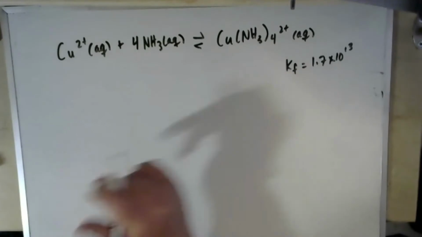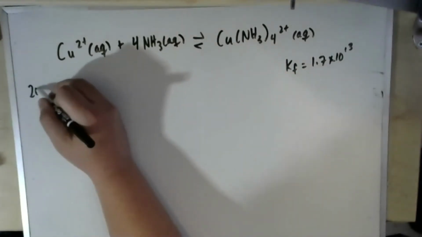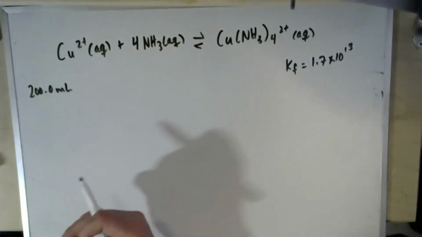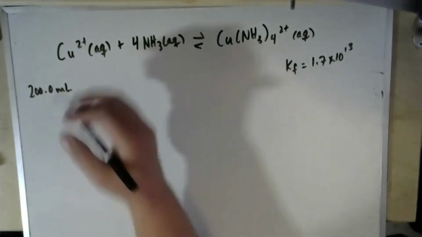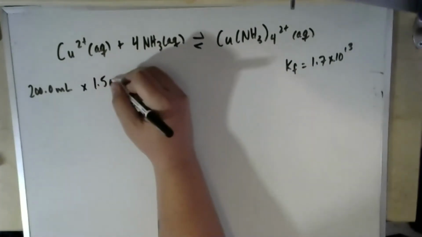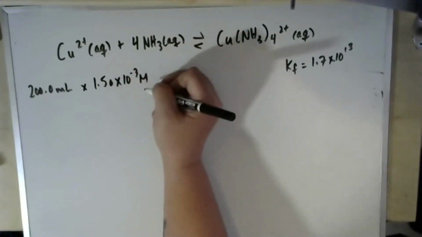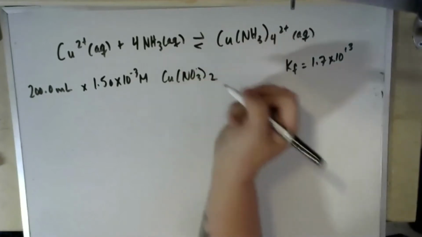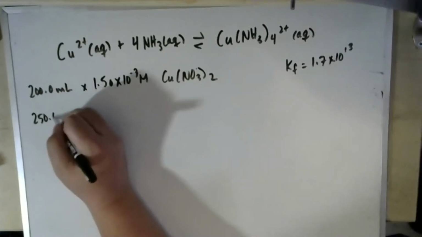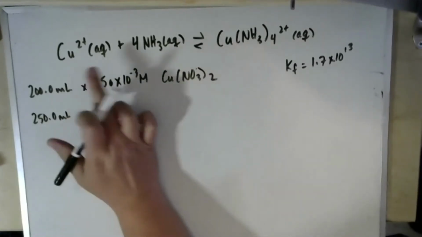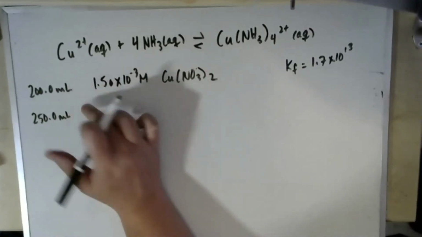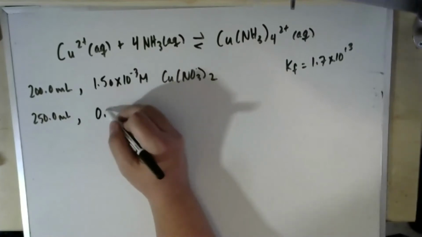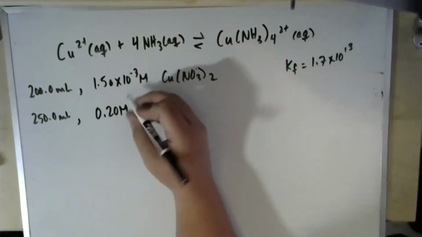Okay, so this question tells us that we're mixing 200 milliliters of a solution that is 1.5 times 10 to the negative 3 molar in CuNO3 with 250 milliliters of a solution at 0.20 molar NH3.